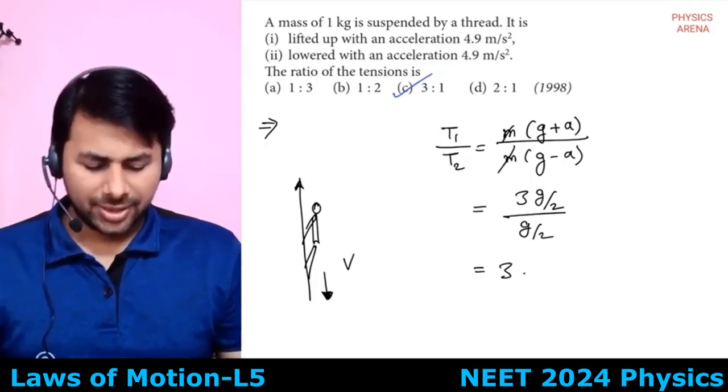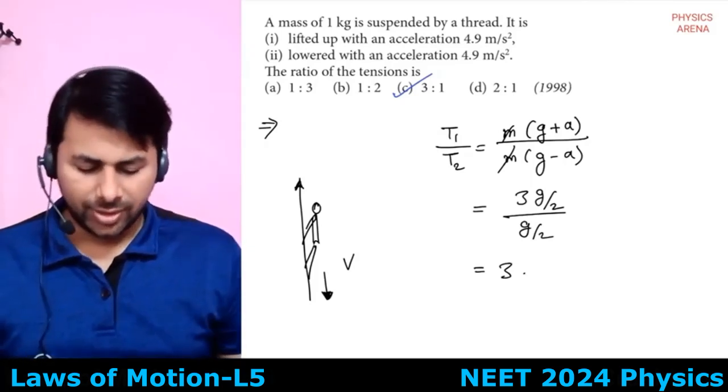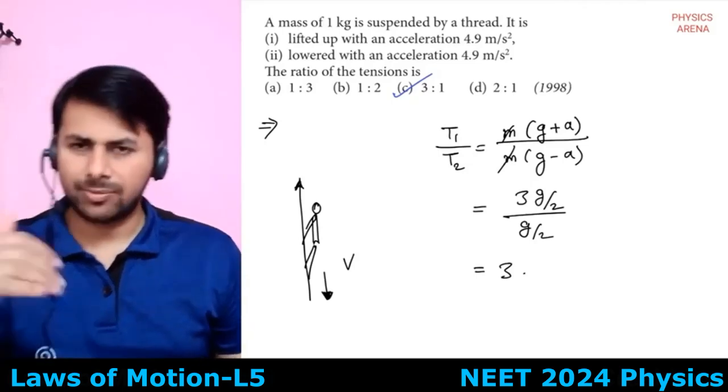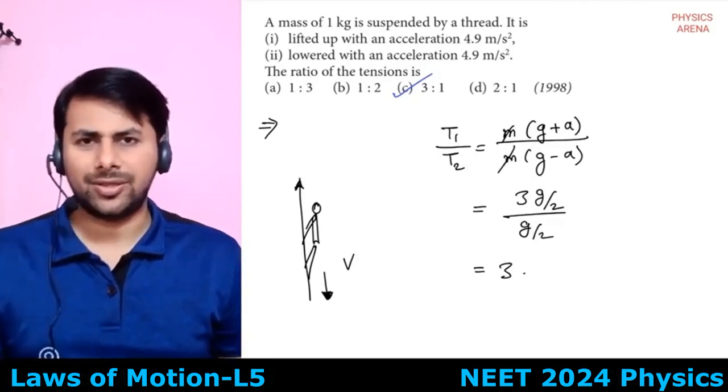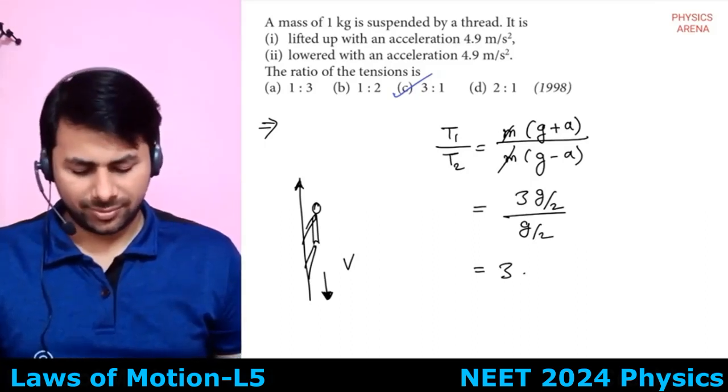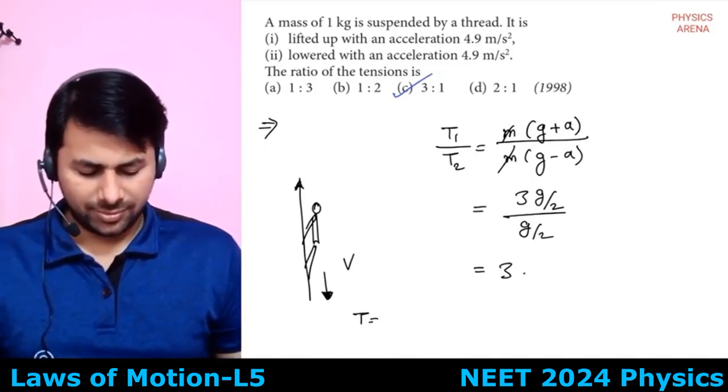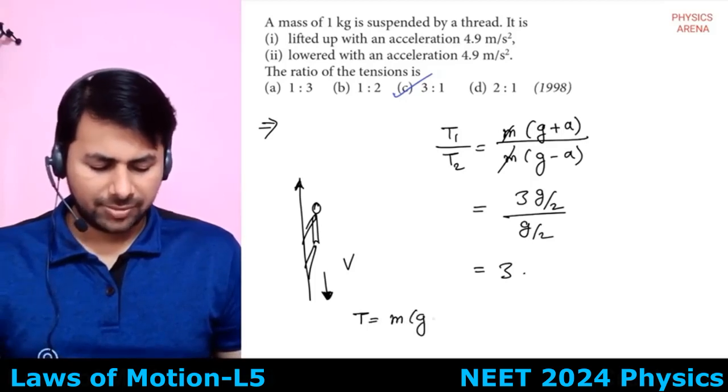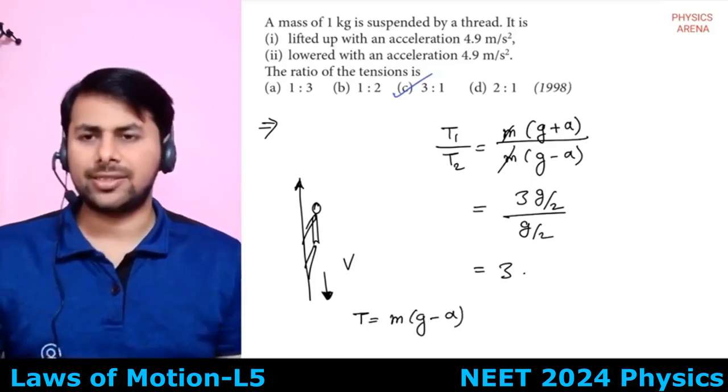If there is some downwards acceleration, how much would be the tension? M times (g minus a). And now how much is the acceleration?